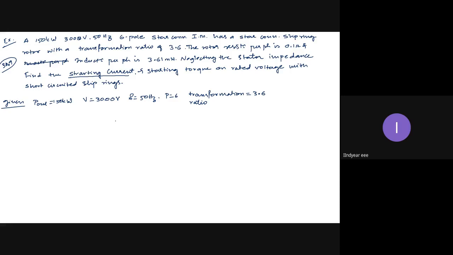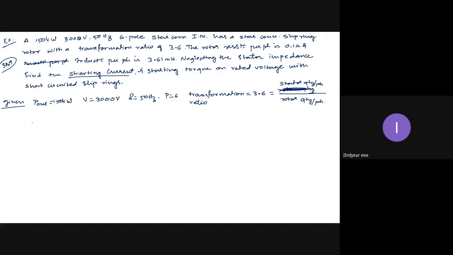So if the ratio value is more than 1, then it is always stator quantity to rotor quantity, either stator turns to rotor turns or stator voltage to rotor voltage per phase.